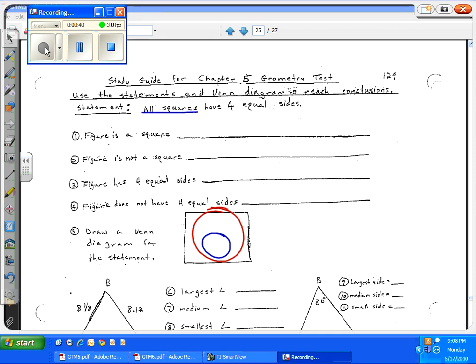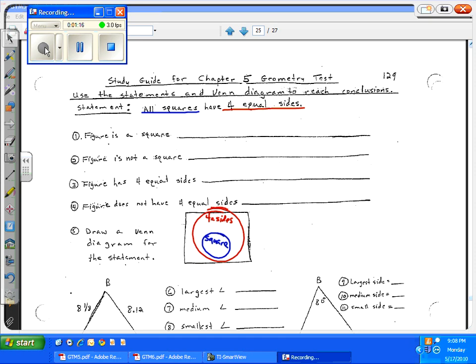If we were to write this as a conditional, we would say if it is a square, and so square would be our little circle, then it will have four equal sides. That would be the conclusion part. Given that it's a square, it has four equal sides.